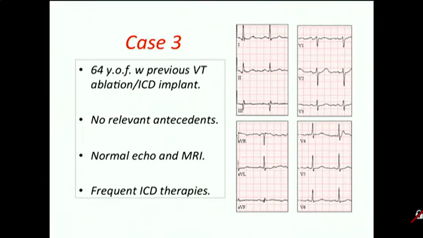The third case is a 64-year-old female with previous VT ablation, ventricular arrhythmia, device was implanted, no relevant history, normal echo and MRI, and she received frequent ICD therapies. She was referred for ablation.